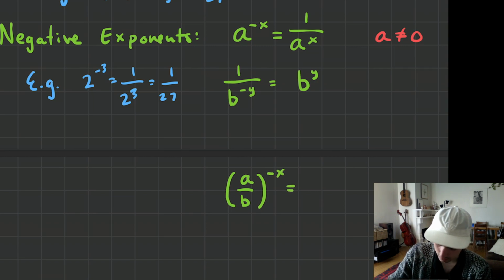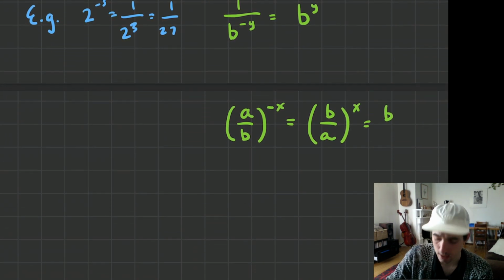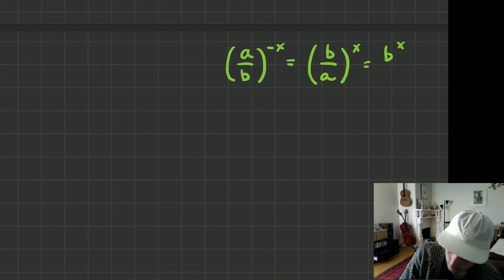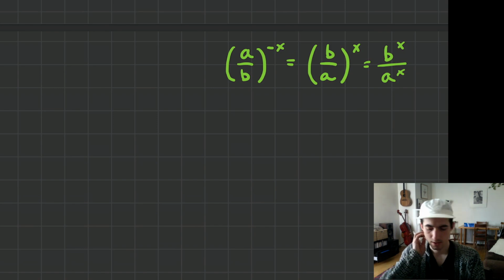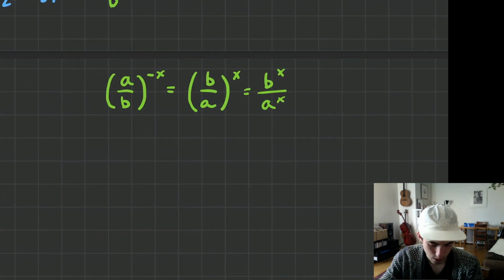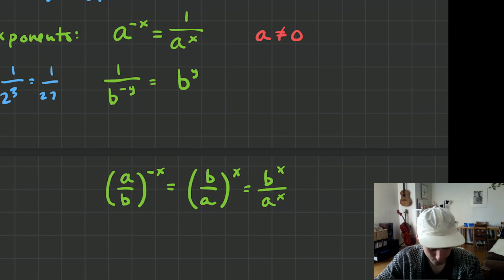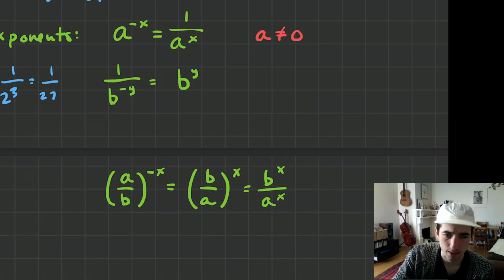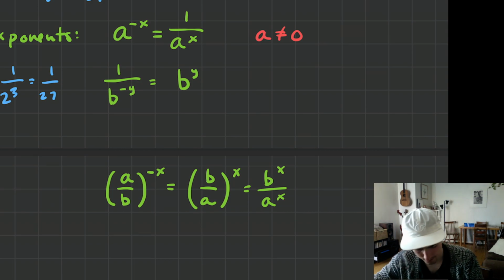What happens is we would have b over a to the power of x, which is b to the x over a to the x. This one is maybe a little more complicated than the others, but the idea is that a negative exponent reverses the numerator and the denominator. Instead of multiplying many times repeatedly, we are going to divide many times repeatedly. So that's what negative exponents do.